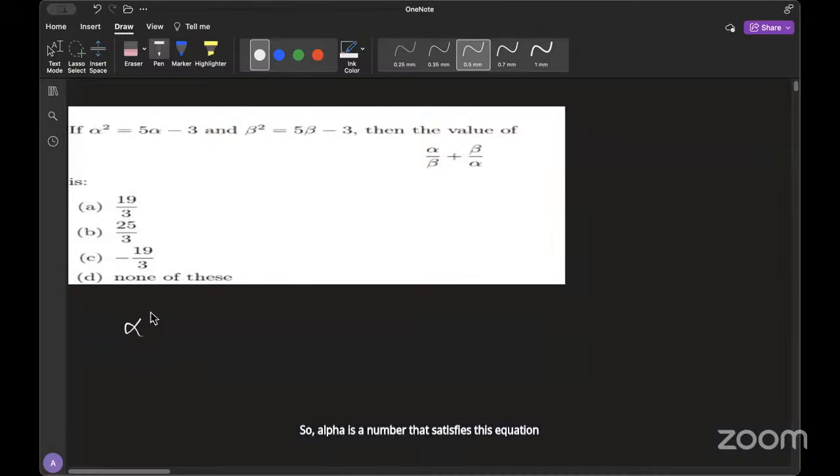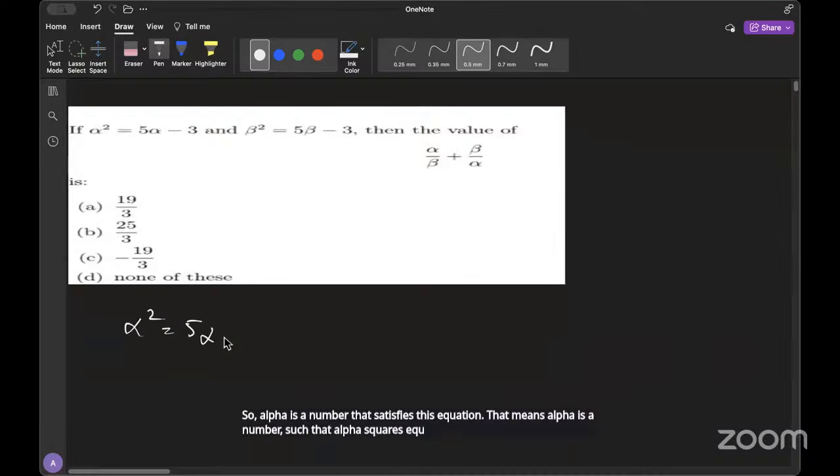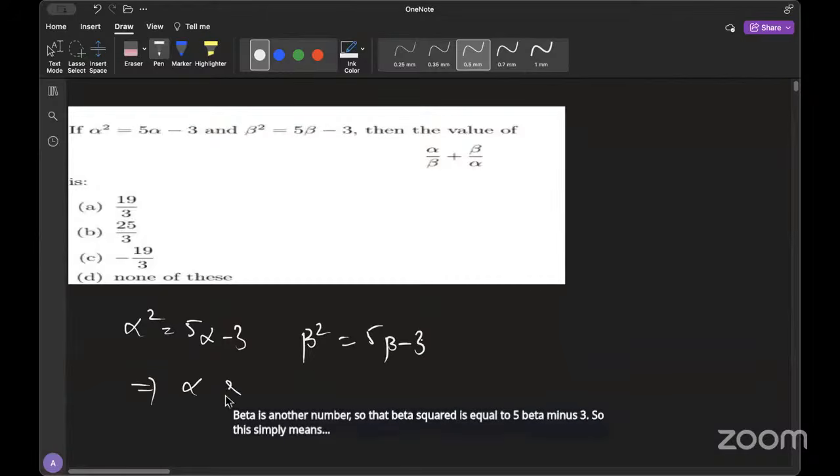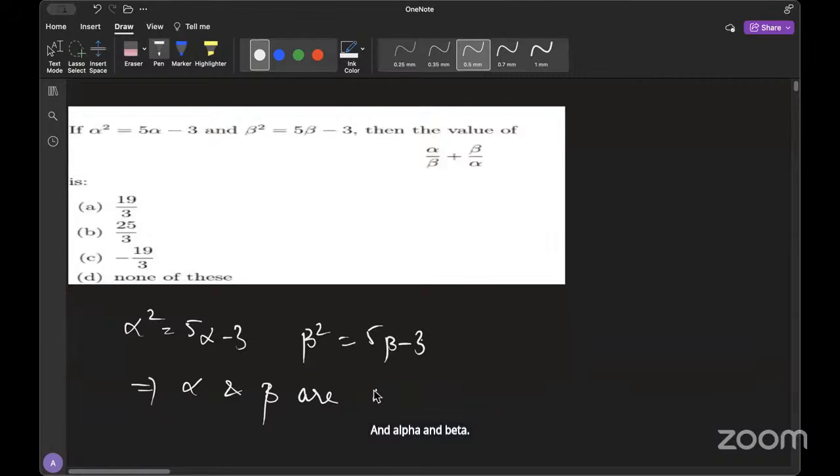That means alpha square is equal to 5 alpha minus 3, and beta is another number such that beta square is equal to 5 beta minus 3. So this simply means that alpha and beta are roots of x square minus 5x plus 3 equals 0.